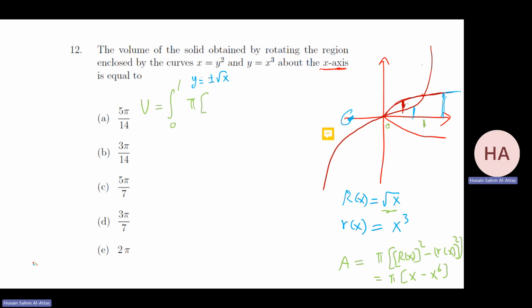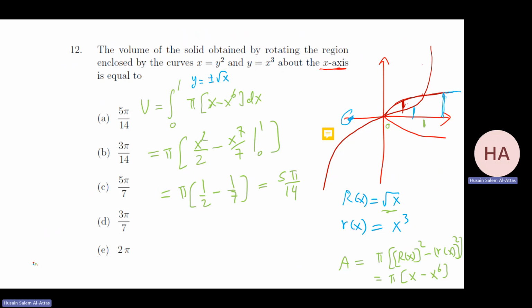So that will be pi times the integral of x minus x to the power 6 dx. So you have pi, what's the remaining? X squared over 2, minus x to the power 7 over 7, from 0 to 1. That will be pi times half minus 1 over 7, which is 5 pi over 14.